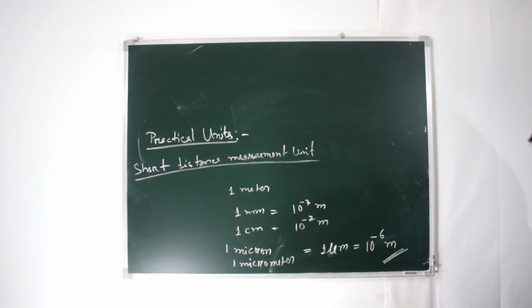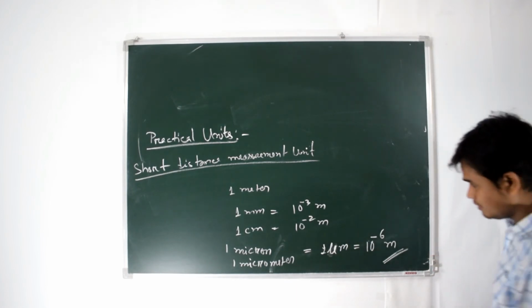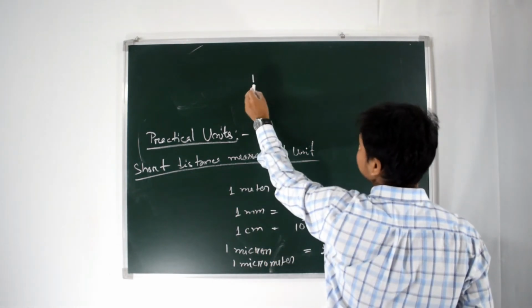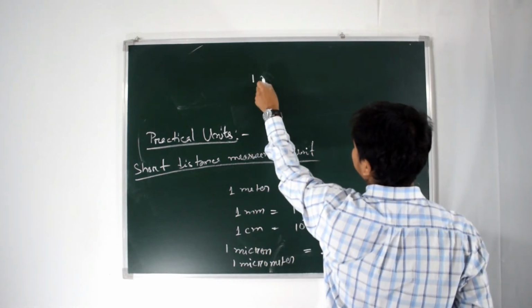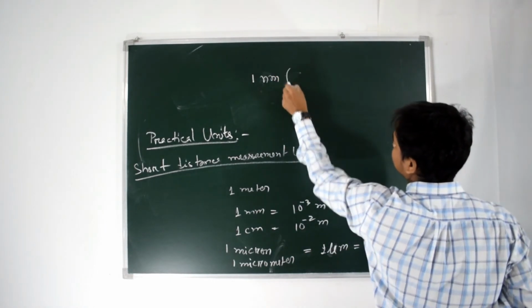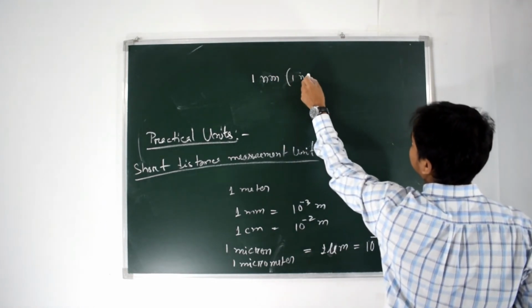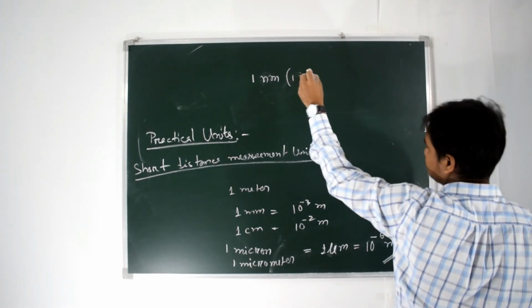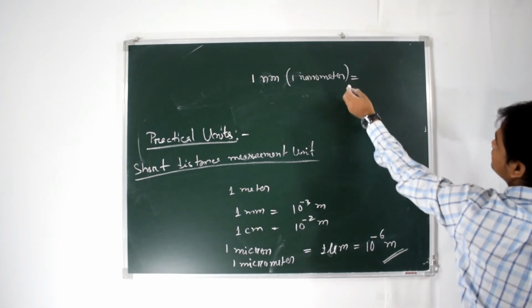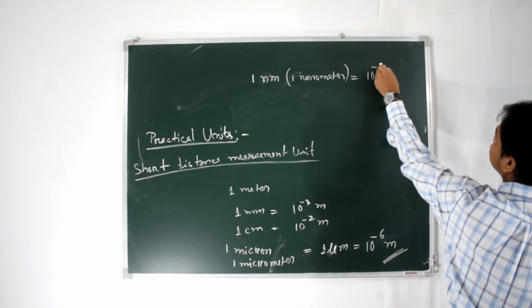1 micron is 10 to the power minus 6 meter, or 1 micrometer is 10 to the power minus 6 meter. After that we use 1 nanometer. 1 nanometer is 10 to the power minus 9 meter.